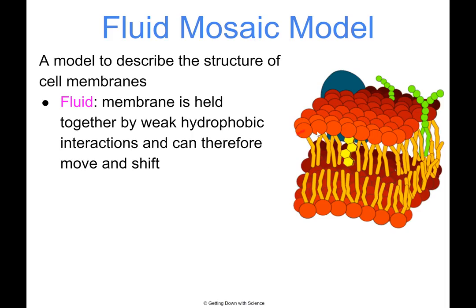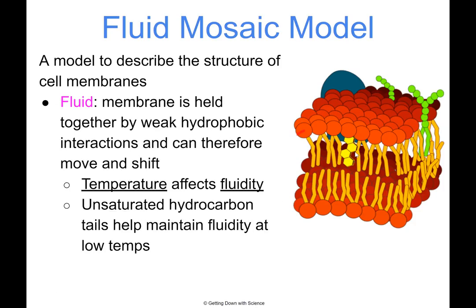It's fluid because we have this weak hydrophobic interaction, but they can still definitely move and shift. That's why the phospholipids are such an important part. Temperature can affect this, so it's going to flow more easily as it gets warmer, and it'll be harder for it to flow as it gets colder.